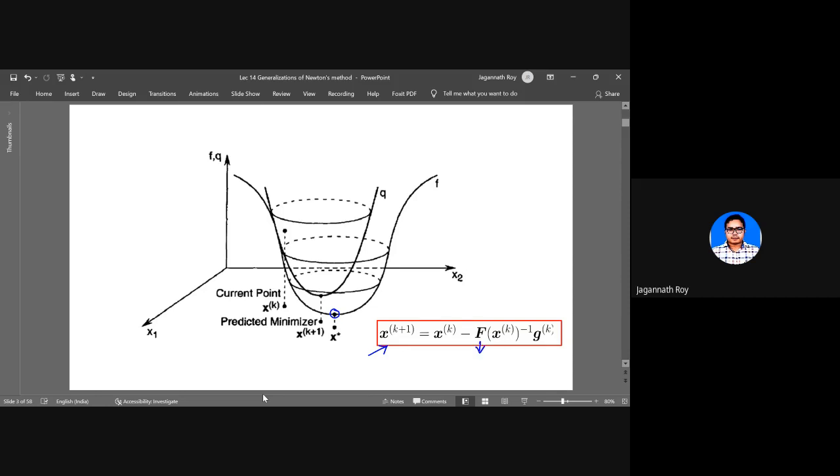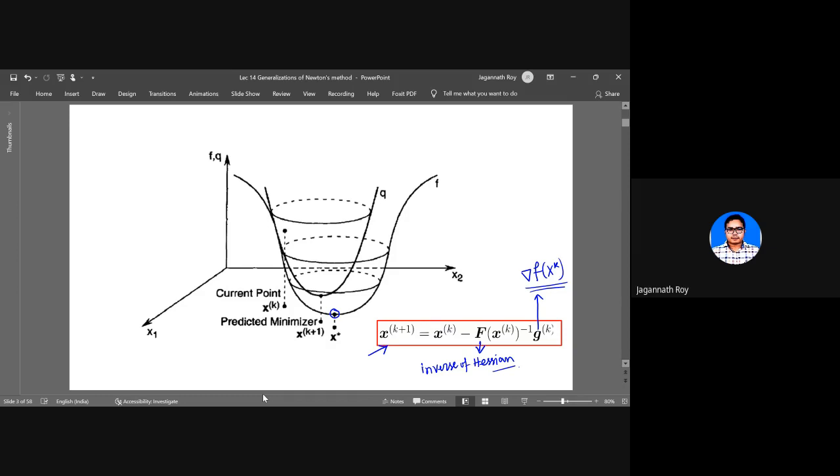F, we can call it the Hessian matrix, the inverse of the Hessian matrix. And G is the gradient at that point.